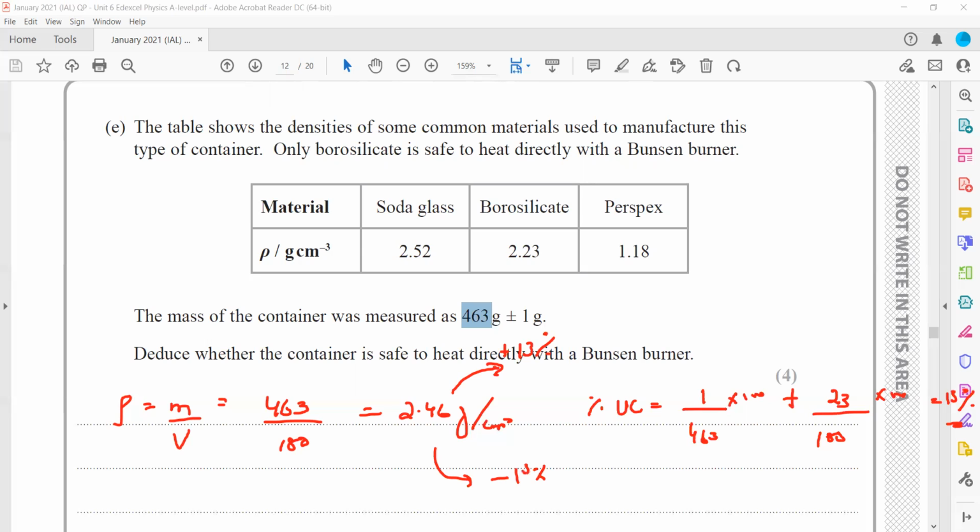So how do we determine the 13% of 2.46? It will be 13 into 2.46 into 1 divided by 100. So 2.46 multiplied by 13 divided by 100 gives 0.31. It means it can be 0.31 more or 0.31 less than this.